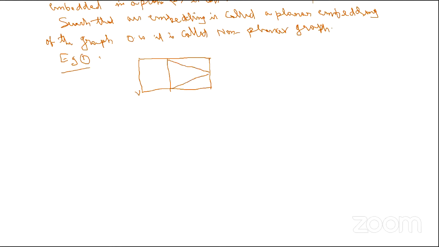V1, V2, V3, V4, V5, V6, V7. This is a planar graph.